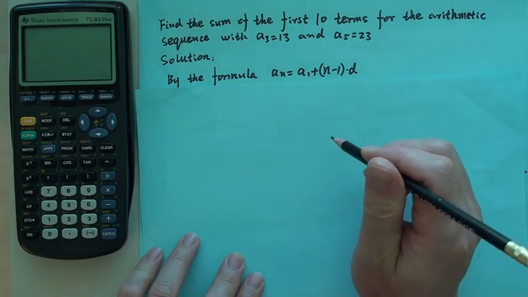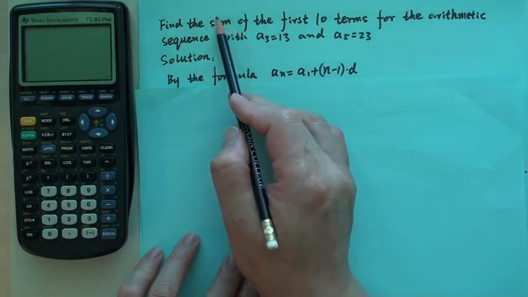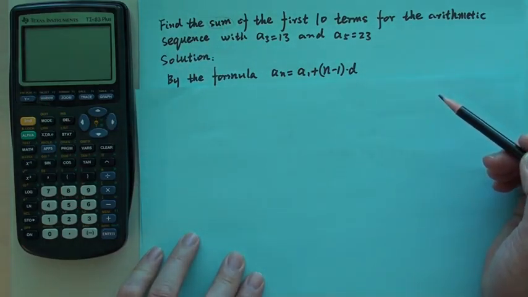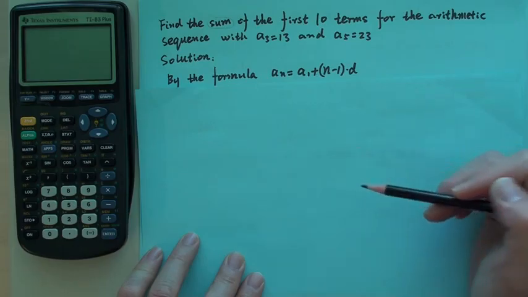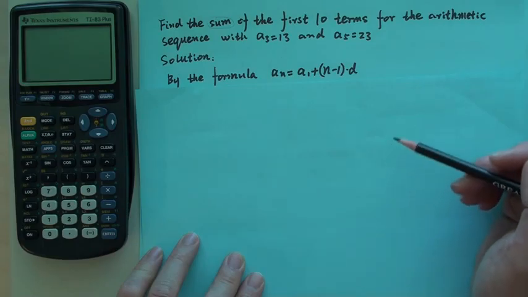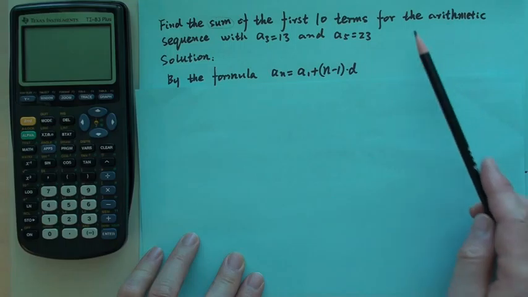That's one formula. Another is the formula of the sum: the first term plus the last term times the number of terms divided by 2. I will write it somewhere here as it goes on.